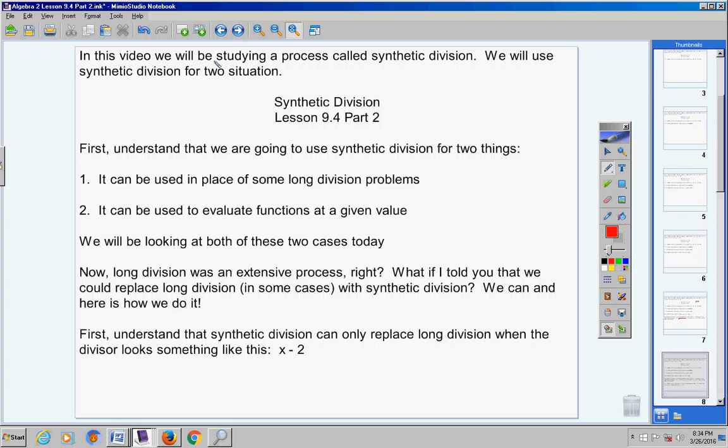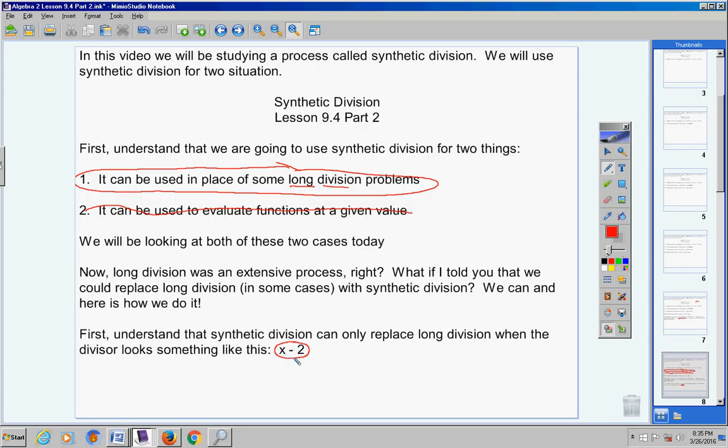First, before we go any further, now understand we're looking at case number 1 right now, okay? We'll look at case number 2 a little bit later, okay? Right now we're going to use synthetic division for long division. Now, synthetic division, are you listening, can only replace long division when the divisor looks something like this.